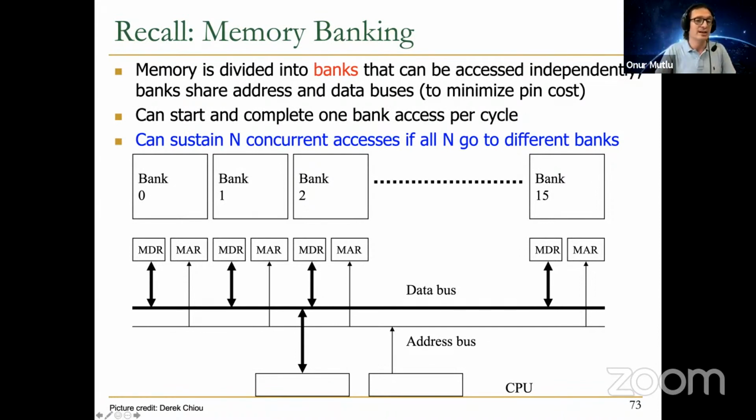But in DRAM, as we discussed in the SIMD lecture, you can start and complete 1 bank access per cycle, and it can sustain n concurrent accesses if all n go to different banks. And we said basically, if your memory access latency is 11 cycles, you need 16 banks to ensure that you can get 1 word per cycle throughput. But of course, this is true if your memory accesses go to different banks, right?